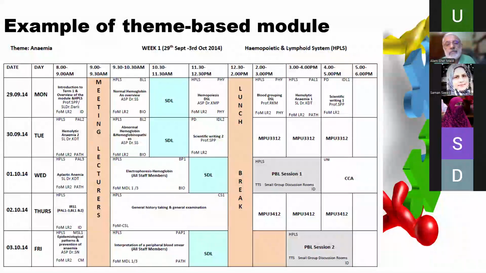So normally we would say that we do not change the topic, we change the lecturer. If some lecturer is not available on that particular day, we find another lecturer, but we stick to the topic and we continue with the same sequence. So that's how it is. The theme is identified, and based on that, the timetable is created and implemented.